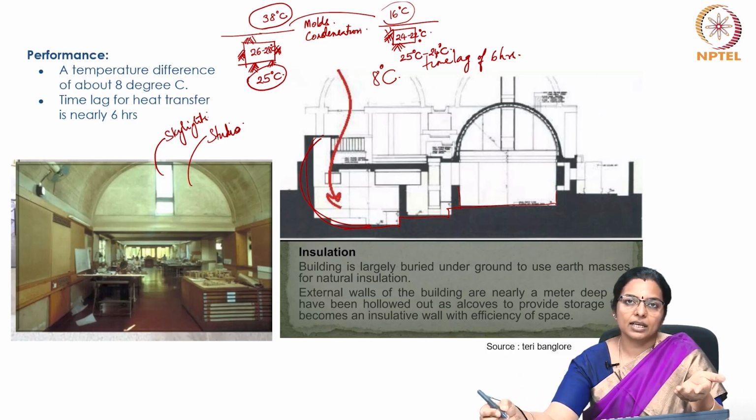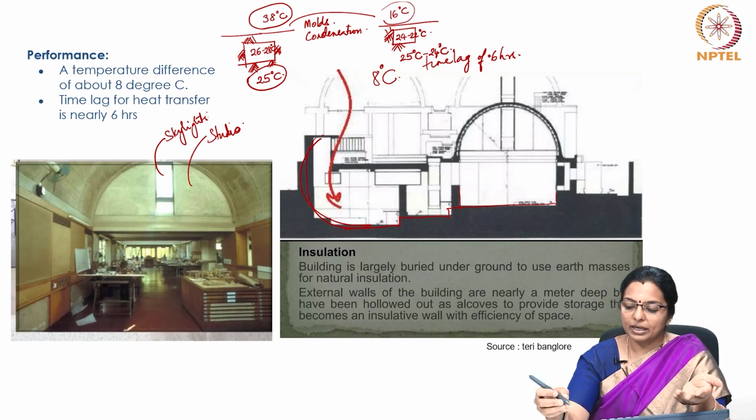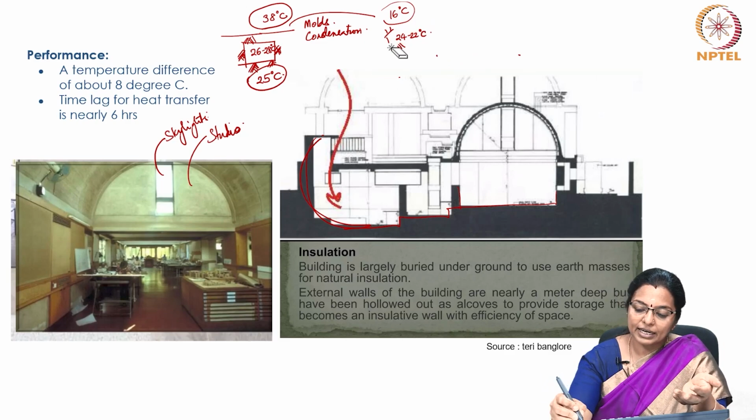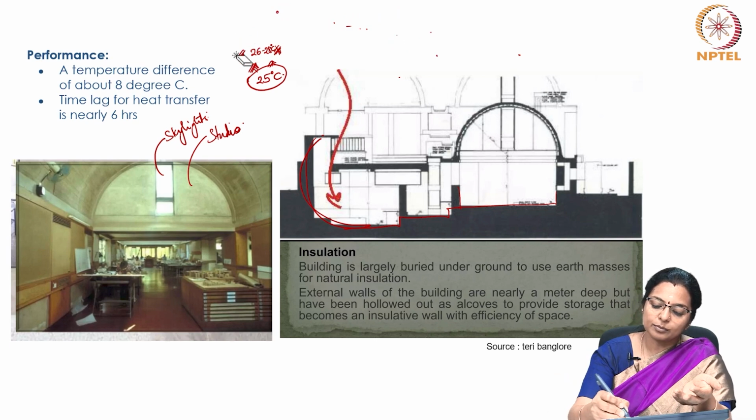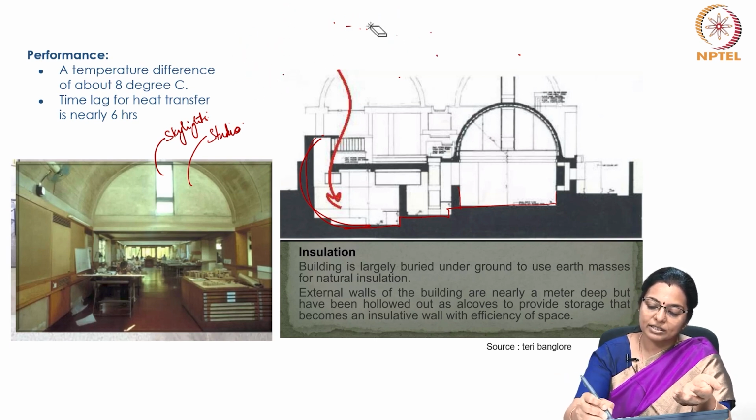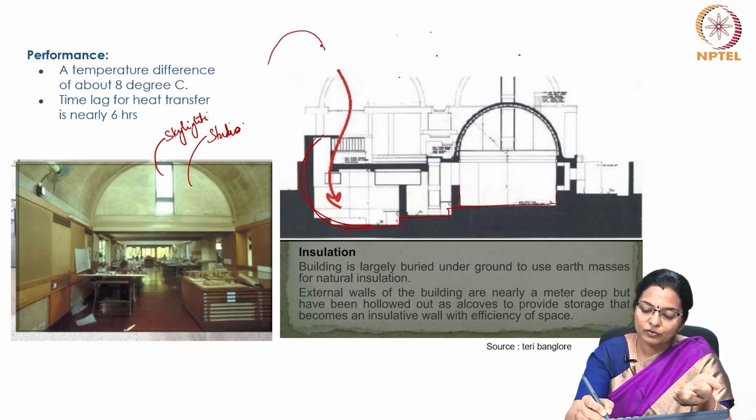But since it is unhealthy to live in an environment which does not see sunrise or sunlight at all, or has no exposure to natural light and ventilation, a small variant of this concept, taking the same concept but varying it in terms of architectural design, happens when one of the surfaces is exposed to the outside and the other surfaces are bermed.